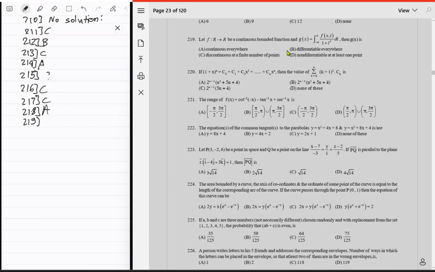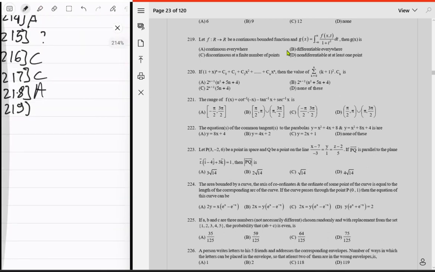Are we sure it's continuous anymore? It might not be. For example, given this function, look at mod of, right, like, I don't know, this would be weird, it could be very weird. It's upon 1 plus t square or something. Okay.